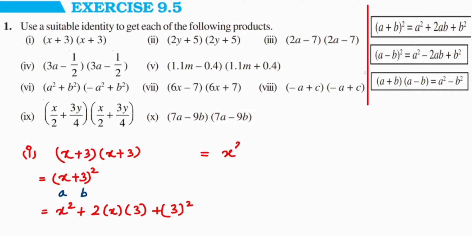Now multiply the numerical factor, that is 2 3s are 6, so plus 6x, plus 3 square is 9. That's it. The answer for the first question is x square plus 6x plus 9. Now we'll move on to the second question. The second question is (2y plus 5) into (2y plus 5).